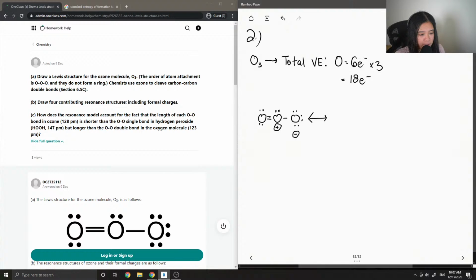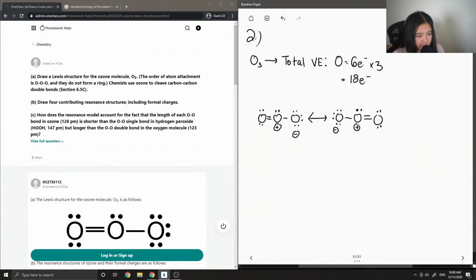And we can also show this oxygen on the left having the single bond, and the oxygen on the right having the double bond. So it's basically the same. The one in the middle will still have a positive charge, but this time the oxygen on the left will carry the negative charge.